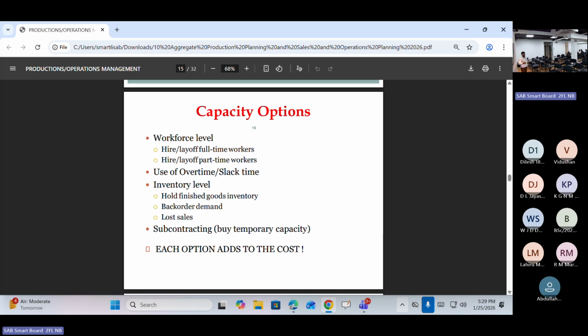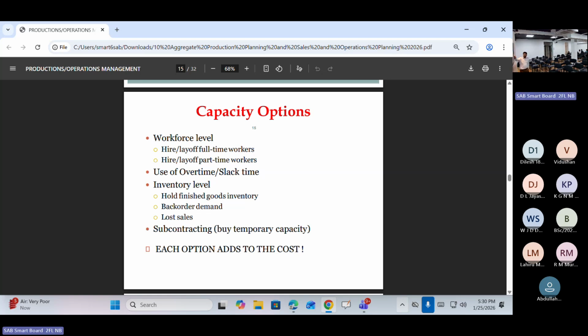So that is an option. Slack time, as I explained to you earlier, is having shorter production operating times than normal. If the normal is 8 hours, they might run 6-hour production runs, especially when the demand is low. That's called slack time to face demand fluctuations.